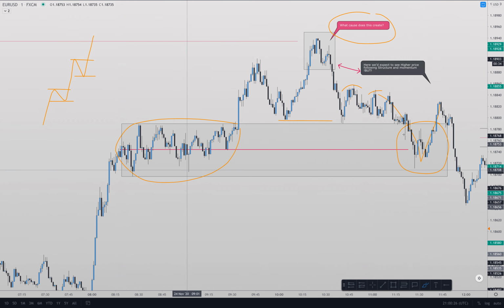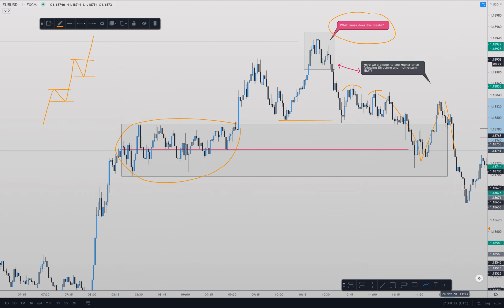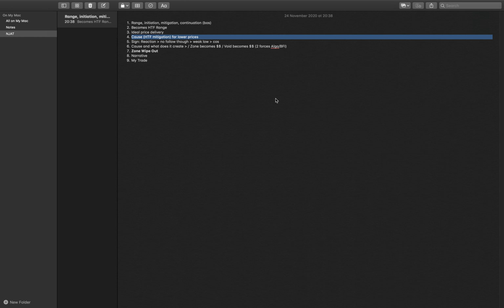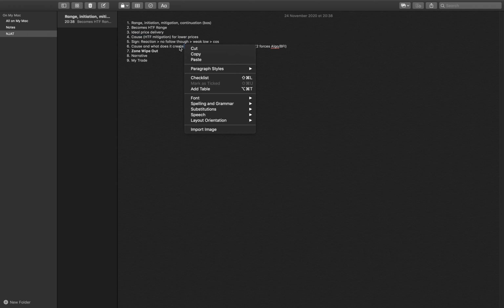But what this zone essentially is, is just liquidity. It becomes cause. The purpose of this now is to be run. And look how it's run, with very, very clear intention to completely take out this zone. And here we have a zone wipeout. So what have I said here?